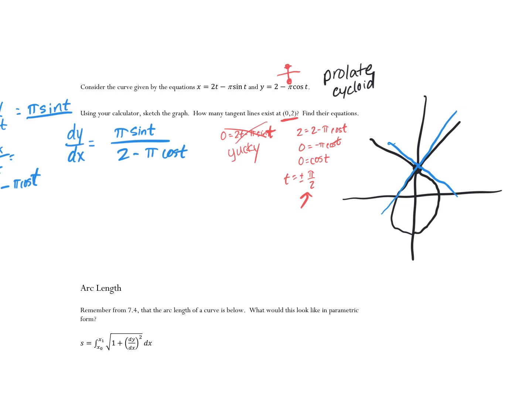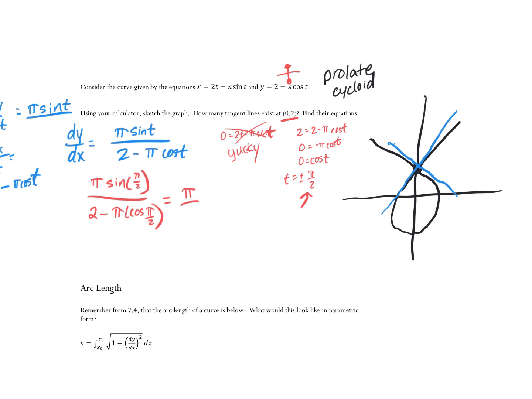All right, so let's plug pi over 2 in for t. We're going to get pi times the sine of pi over 2 over 2 minus pi times the cosine of pi over 2. In my numerator, the sine of pi over 2 is 1, so I just have pi.